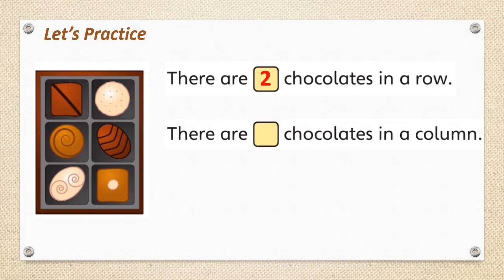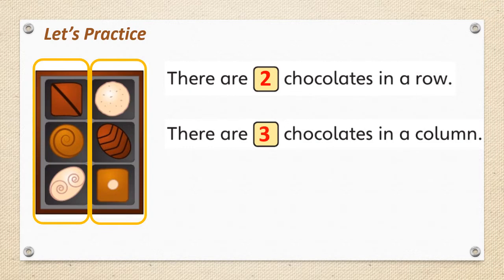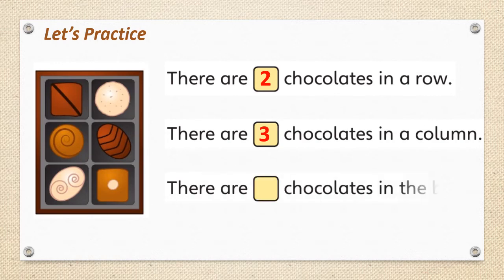There are dash chocolates in a column. Let's check column now. 1, 2. As you can see, there are 3 chocolates in each column. My answer is 3.